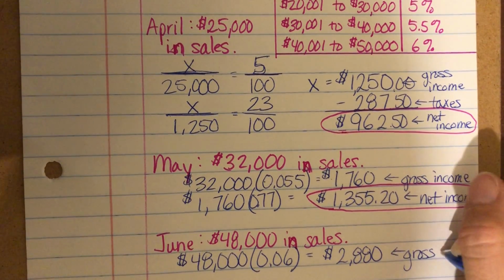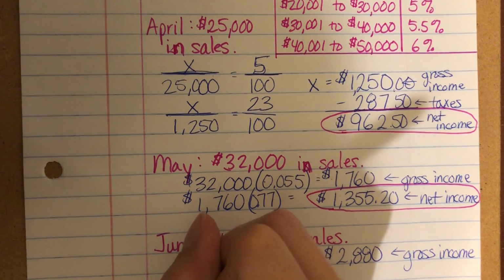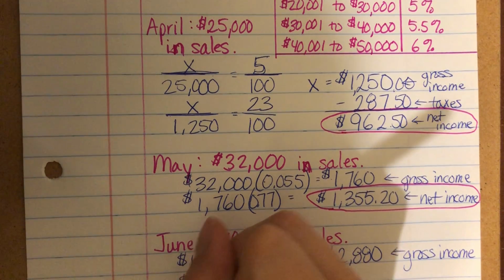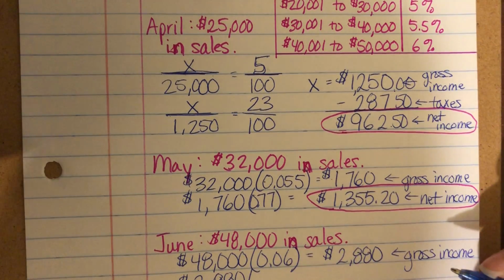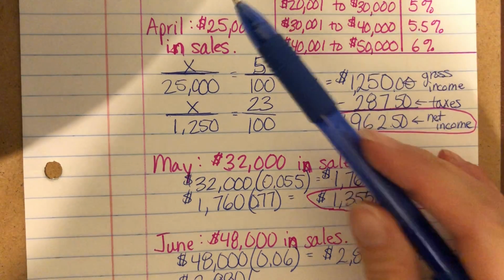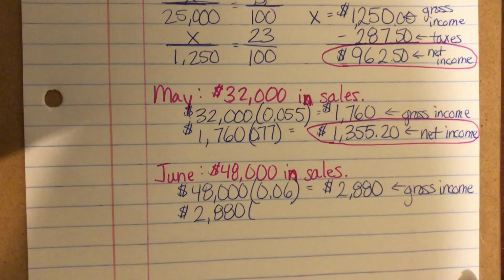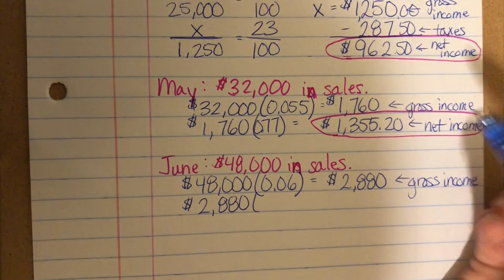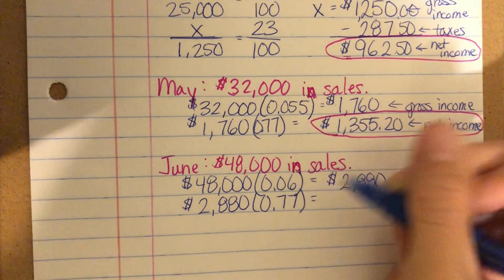Okay, now we need to apply tax. So I'm gonna take that gross income. Like I said before, if she's paying 23% in income tax, she's keeping 77%. So I'm gonna multiply by 0.77.